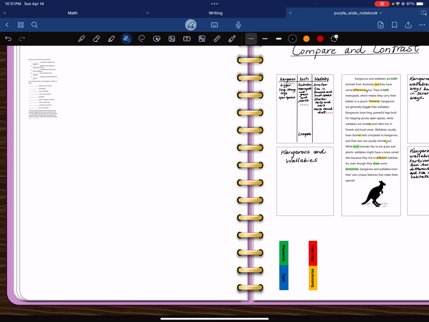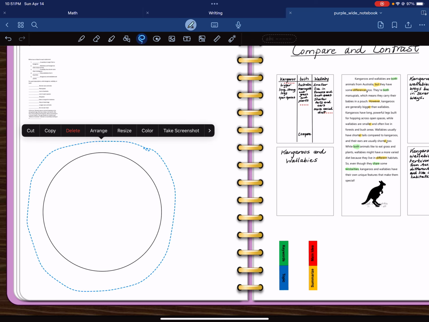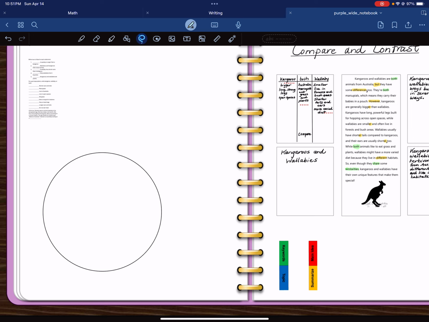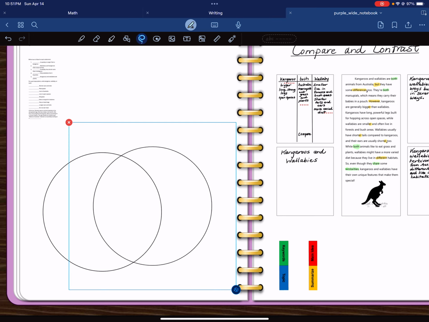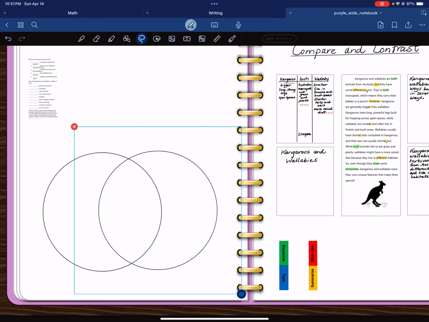To make a Venn, you need to draw two circles. And I'm going to draw another one, just like that one. Same size, but I want them to overlap. So take a second and draw yourself a diagram similar to this one.